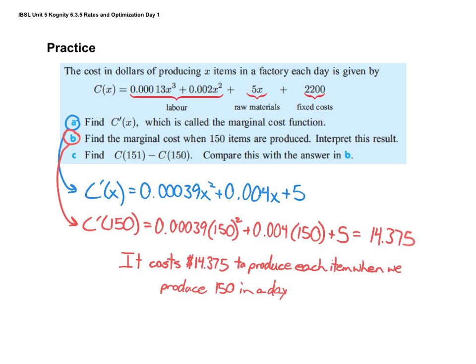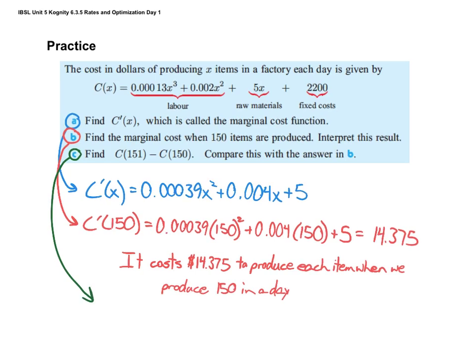Now, part C is kind of interesting. This is an exact cost. The cost per item when we produce 150. What they're telling us here on part C, find C of 151 minus C of 150.